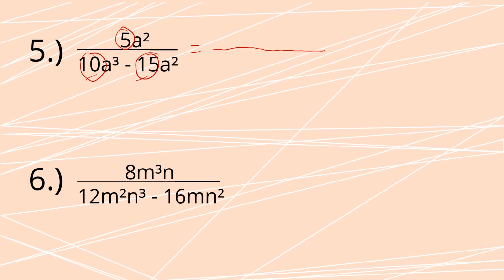Correct. So that is 5. So ang gagawin natin ngayon dito sa denominator ay i-factor out si 5. So magkakaroon tayo ng parentheses that show the factors of this expression, 10a cubed minus 15a squared.